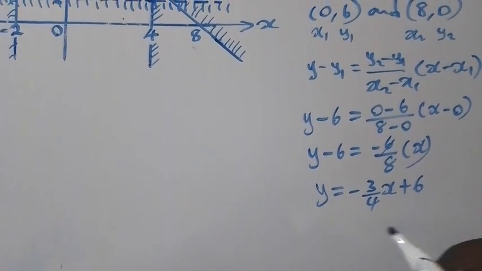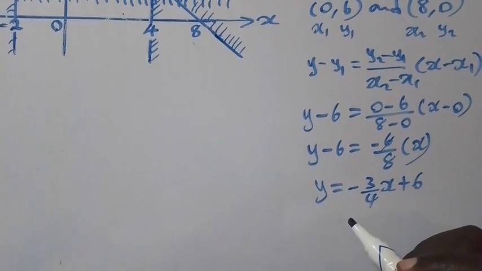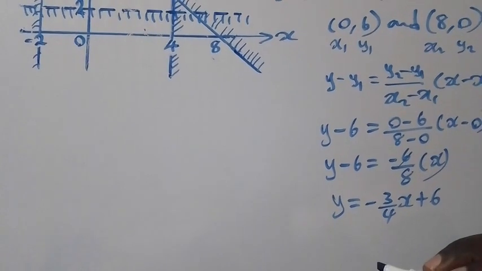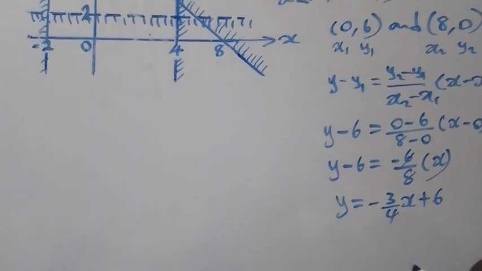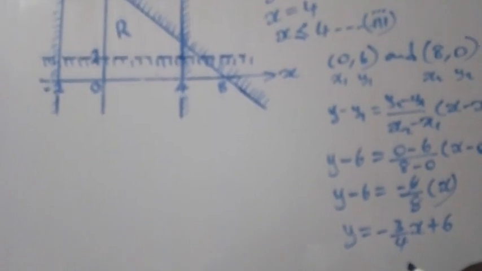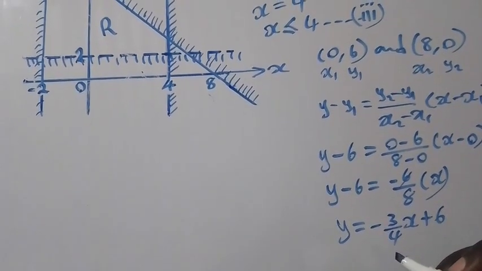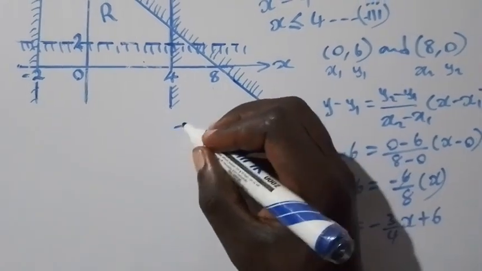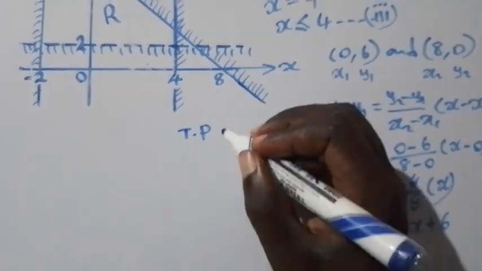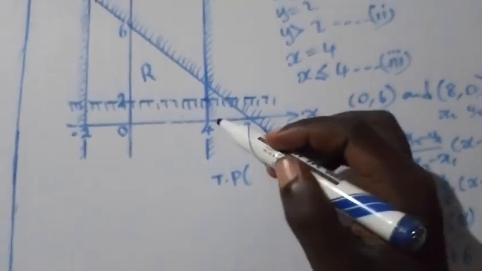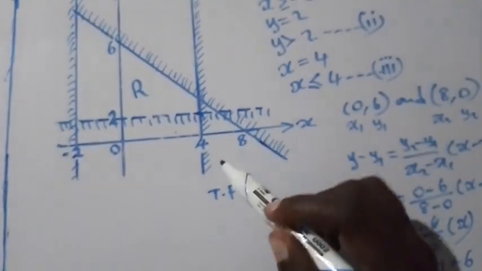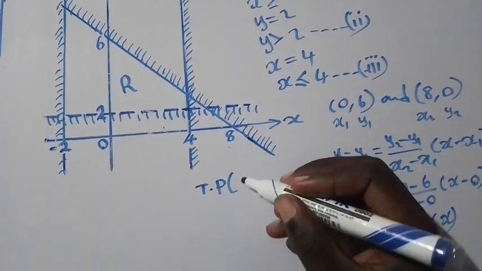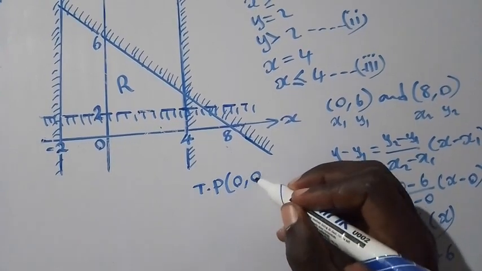Now on this equation, we have to remove the equal sign and replace the required symbol. So we shall go into what we call testing points. Our TP for this inequality will be (0, 0).